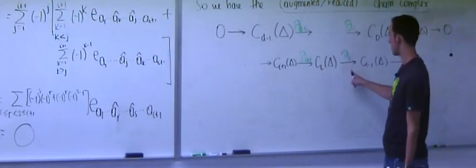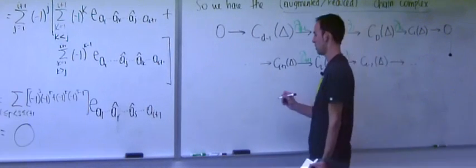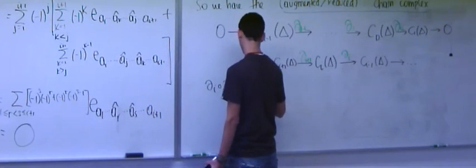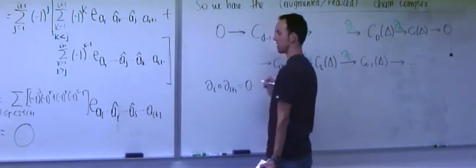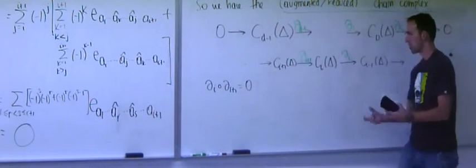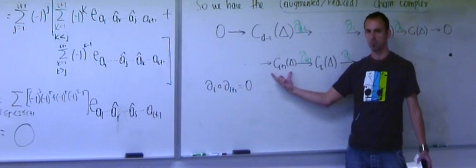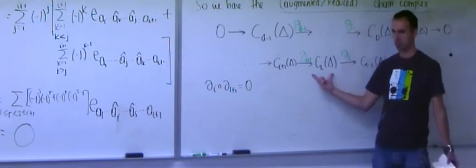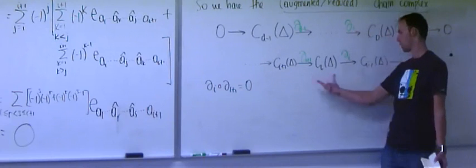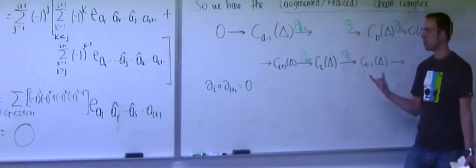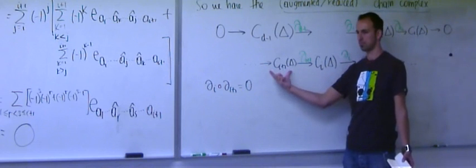We just proved that delta_i of delta_{i+1} is 0. Okay? That means that if you take something here in C_{i+1}, and you map it over here, and then you map that over here, you get 0. Okay? So what I'm saying is take something here.